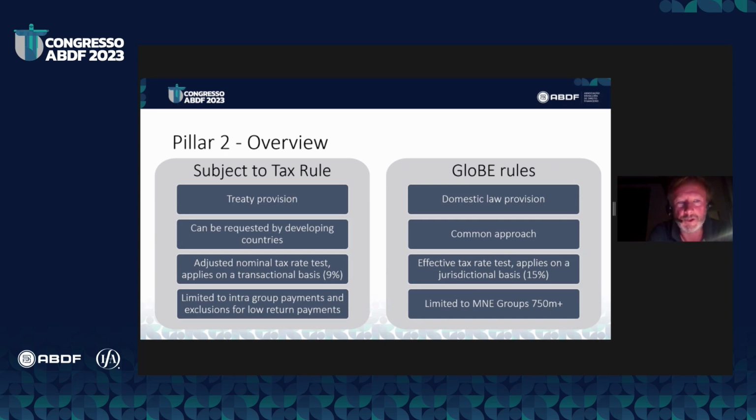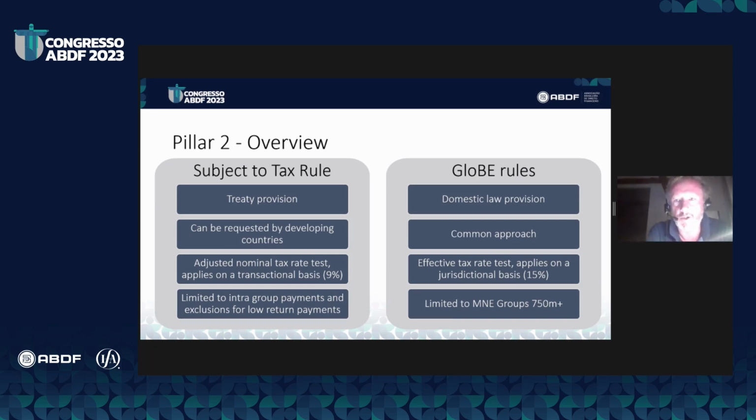It only applies to intra-group payments, and there are certain exclusions, particularly in relation to payments that generate a low return. So those are the two key elements of Pillar 2, and we're very pleased to now be in a position to finalise the work on the STTR and move through to implementing that aspect of Pillar 2 as well. If we can move to the next slide.